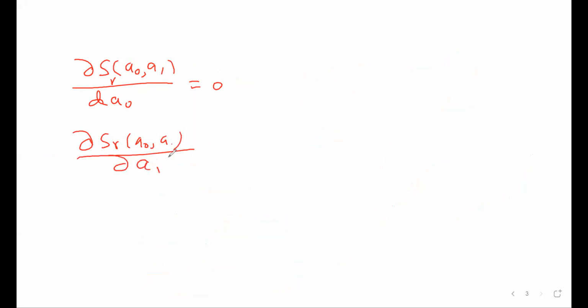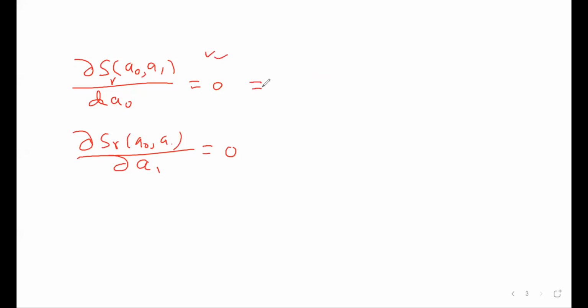You have to take the partial derivative, of course, because two variables, A0 and A1, are involved. Setting dS_r by dA0 equal to 0 gives one equation. Another equation would be dS_r with respect to dA1, which will give you another equation. Can you find the first equation?